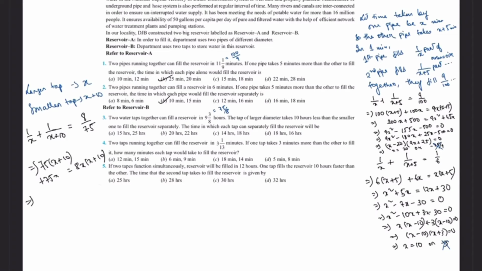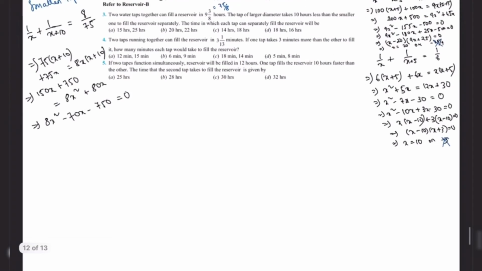So what do we have? We have 150x plus 750 should be equal to 8x square plus 80x, implies 8x square, not plus, we should have minus 70x minus 750 equals 0.